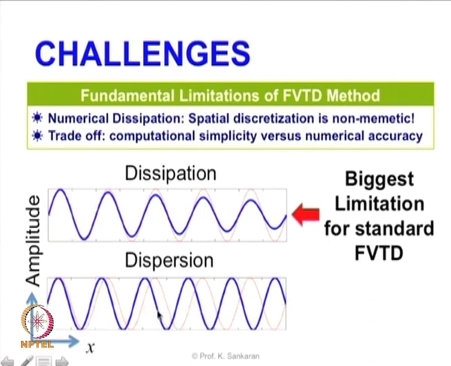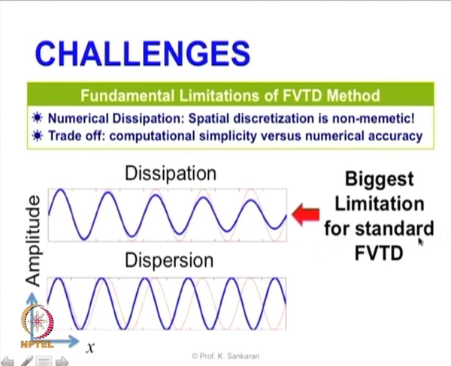The dispersion value for finite volume time domain is within the limitation of numerical accuracy what we need, but the numerical dissipation, or in other words amplitude decay over a period of wavelengths, is something that is the biggest limitation of the standard finite volume method.